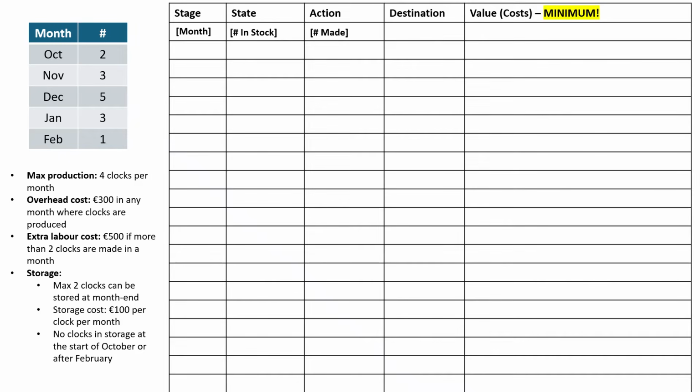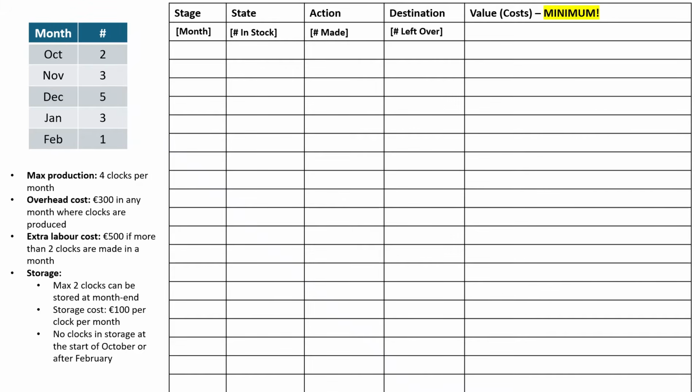And then the destination is what happens at the end of the month, so what is left over at the end of the month? Notice with the value, I do like to put in that this question is about costs. Sometimes it's about profit. And then just to really remind myself, I have minimum highlighted, because when we deal with dynamic programming questions, we could be asked to get a minimum or a maximum.